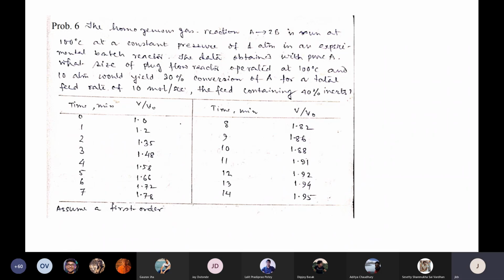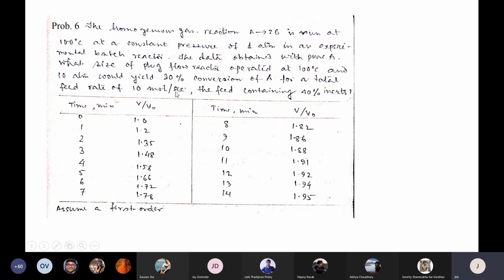So the problem you have to read twice, thrice. What are the data given? Data given: temperature, pressure, flow rate, final conversion, then percentage inerts, flow rate, that is mole per second, means molar flow rate, FA0, for a total feed rate of 10 mole per second.